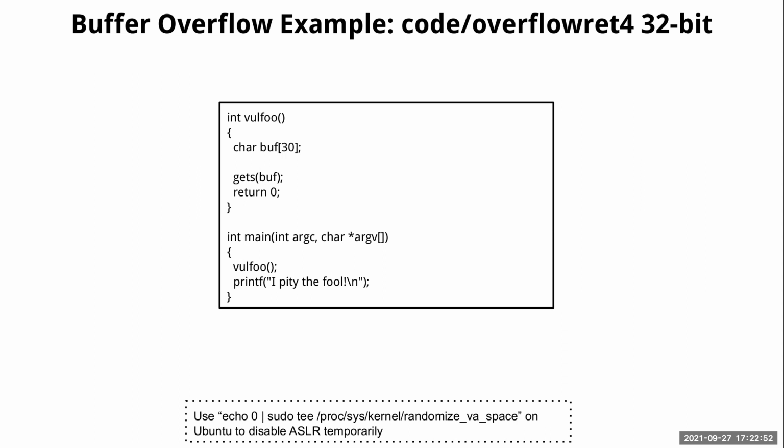Gets is also a vulnerable function because it can take arbitrarily long input, and gets does not take input from the command line arguments. Instead, it takes input from stdin. So then it just returns. For this one, it's better for us to disable address space layout randomization and do that using this command here.